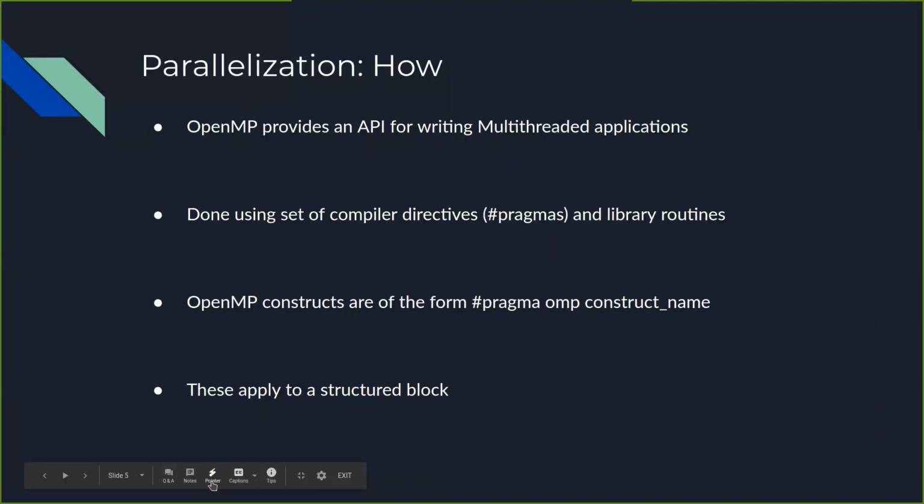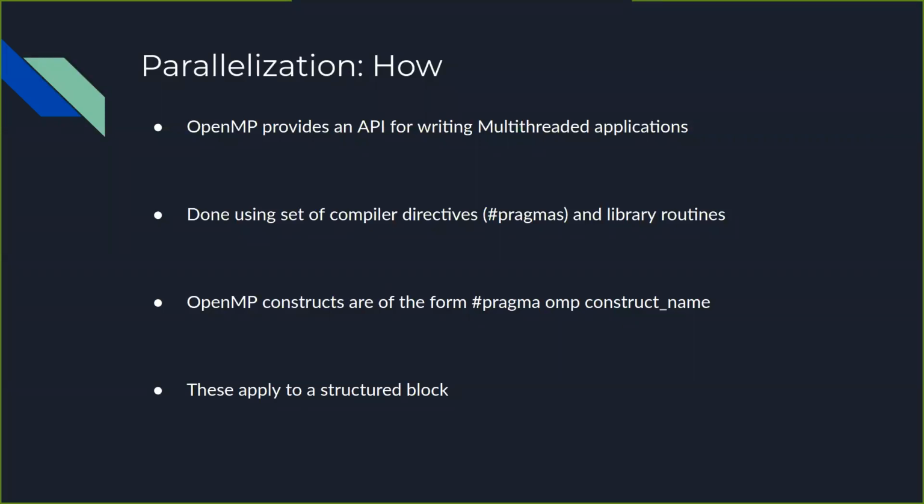So how does OpenMP use parallelization? It provides an API to write multi-threaded applications. You can use any library to write multi-threaded applications; each language has its own, and there are several other libraries like Intel TBB and Intel Cilk which provide threading support.